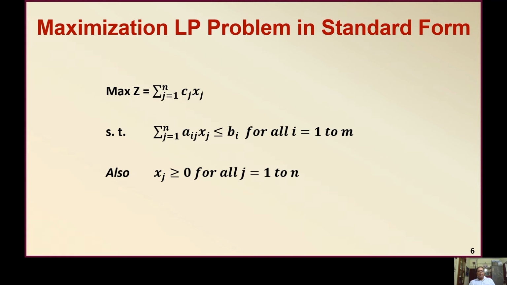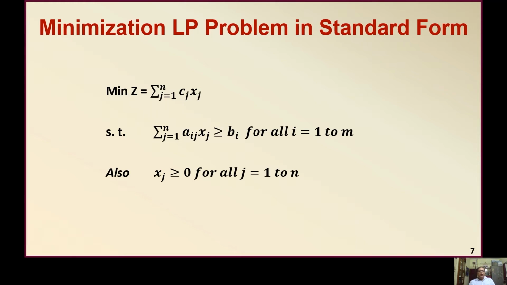So this is the maximization problem in standard form, that is maximize z equal to sum over j equal to 1 to n of cj xj, subject to sum over j equal to 1 to n of aij xj less than or equal to bi, where bi is the availability of resources for all i from 1 to m, and also xj greater than or equal to 0 for all j equal to 1 to n. So this is the maximization LP problem in standard form.